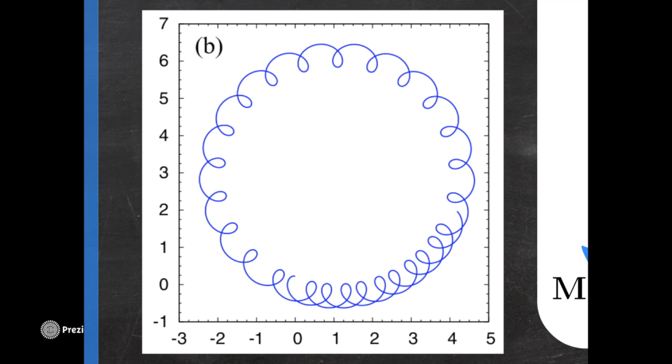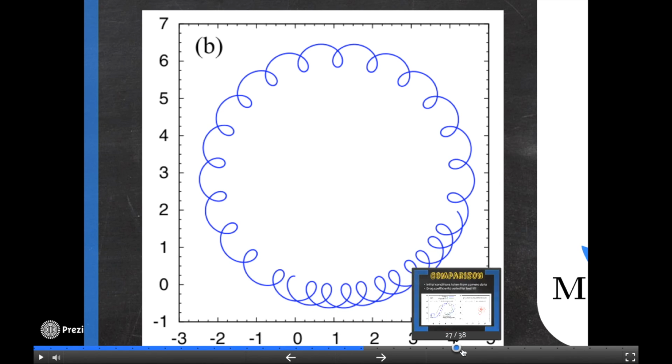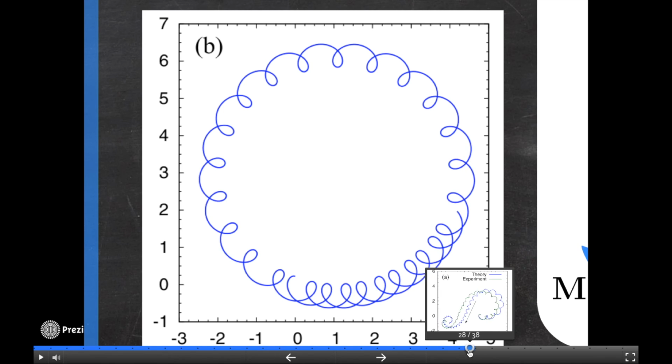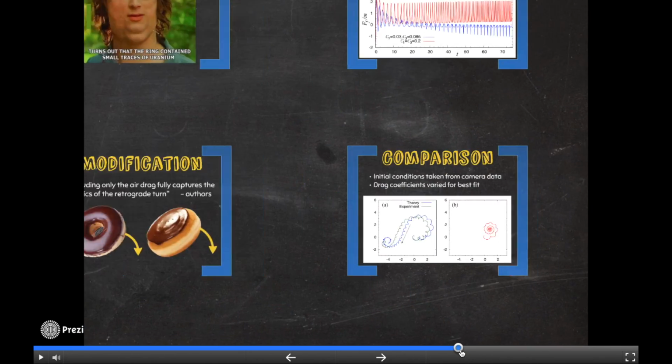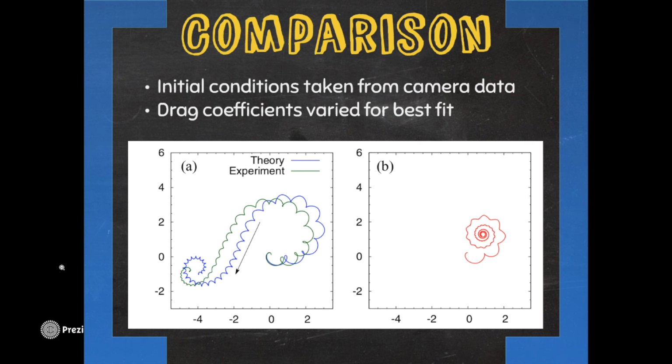Hello? I was just wondering what the axis is. Oh, the axes, yeah, I disregarded those because this is just units. I think what they mentioned is that they normalized the units of this to the radius of the ring, I think. So they say, okay, we're going to take 1 unit equals the radius of the ring, but I don't know if that's accurate.